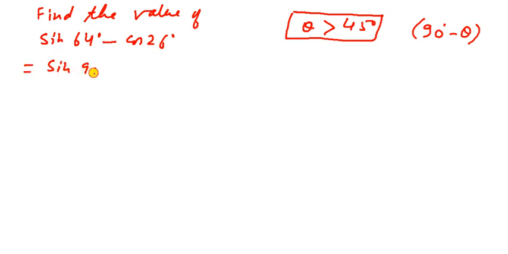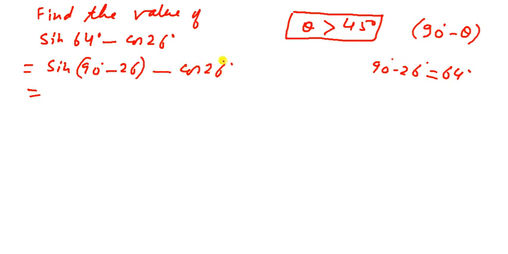So we can say it is sin of (90 degree minus 26), because 90 minus 26 is equal to 64 degree.